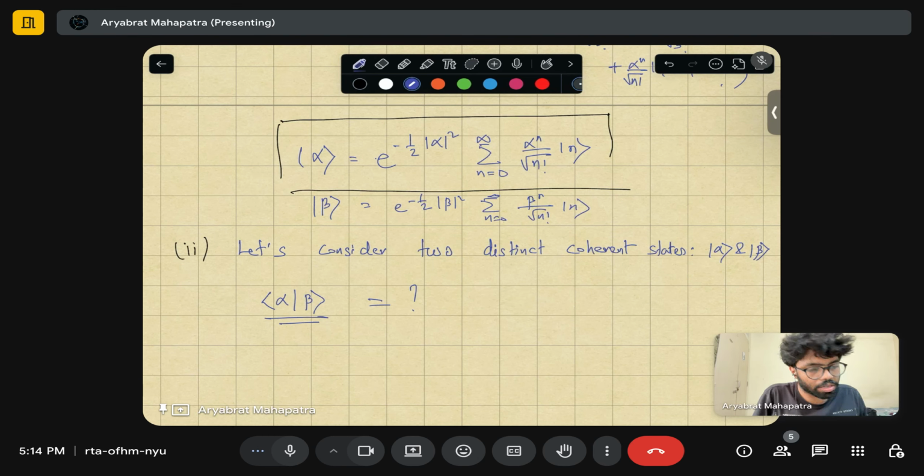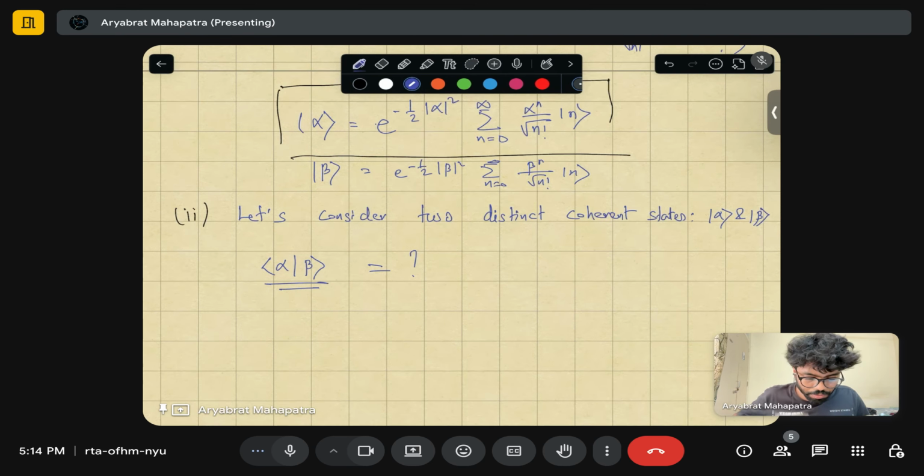Beta is your distinct coherent state, and in the same way you have alpha. To compute the inner product, you take the bra of alpha operating on the ket of beta. That means you have to take the complex conjugate, or dagger, of alpha. So the first task is to take this dagger of alpha.